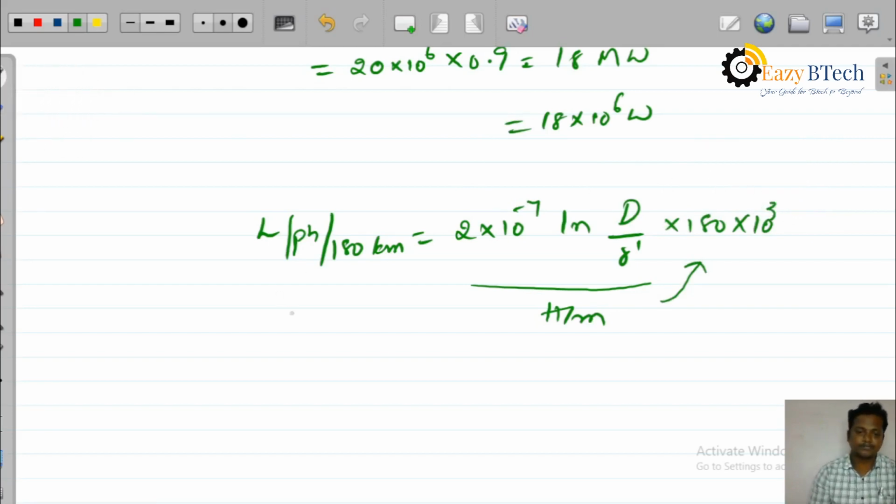Now, r dash is the effective radius, 0.7788 into r, therefore it is 0.7788 into 0.6.